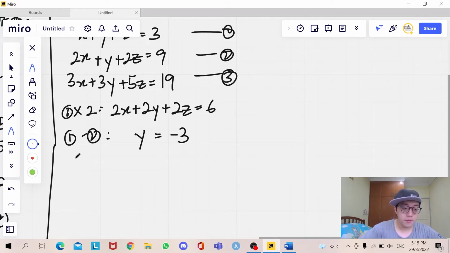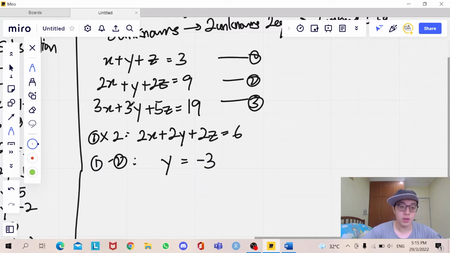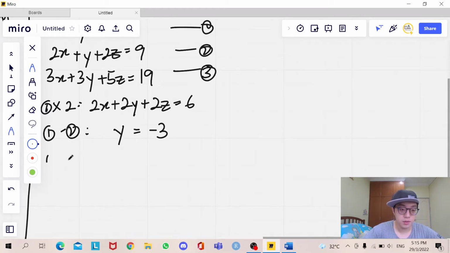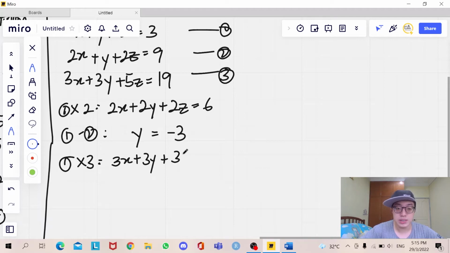And then if we compare the third and the first equation, for x, we need to multiply equation 1 with 3. If we multiply 1 by 3, you will get 3x plus 3y plus 3z is equals to 9.